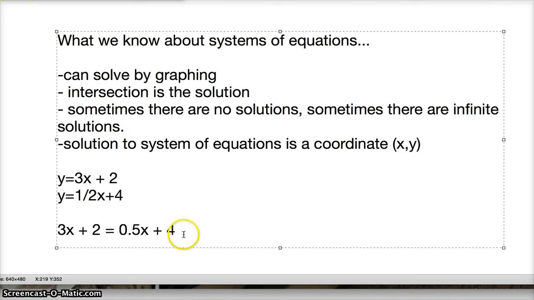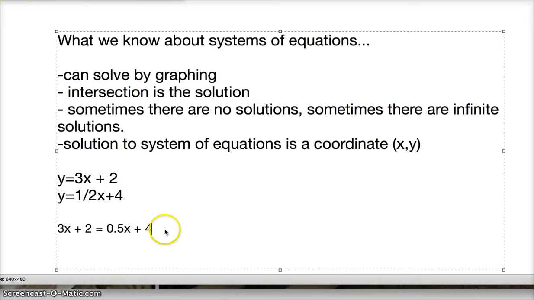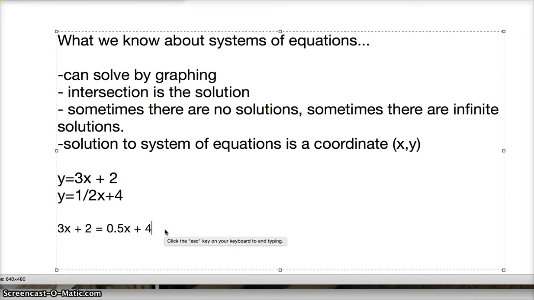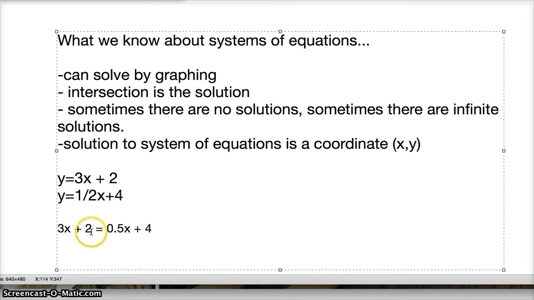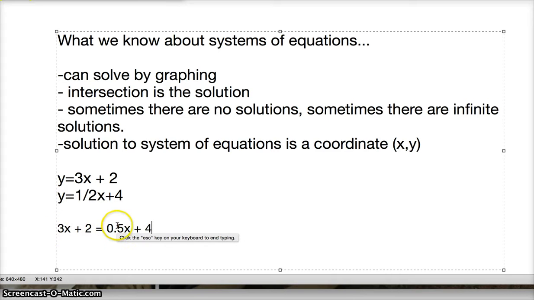I'm probably going to have to use my words mostly, so just follow along. But we'll need to, let me make this bigger first. Okay, so first we need to check for distribution. There is no distribution. Then we need to check for combining like terms. There are no like terms to combine on one side of the equation or the other side of the equation. Then we need to get the x, or the variable, onto one or the other side.